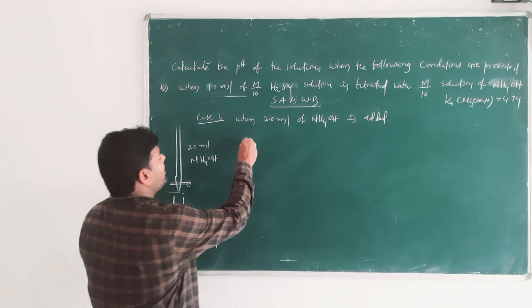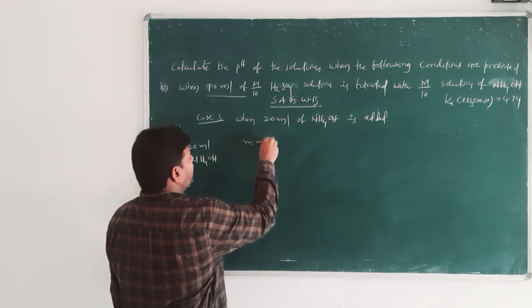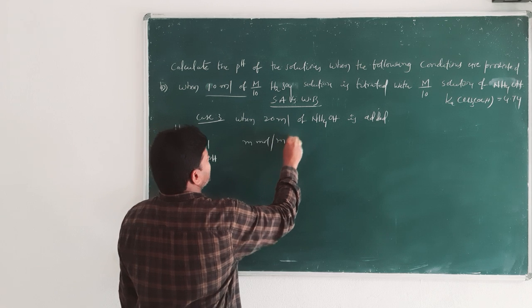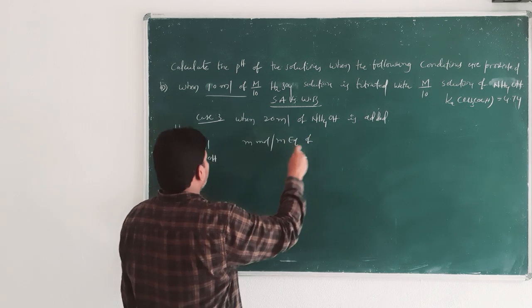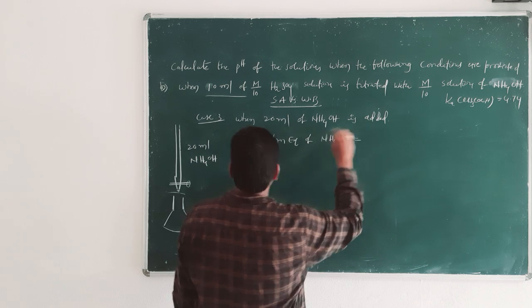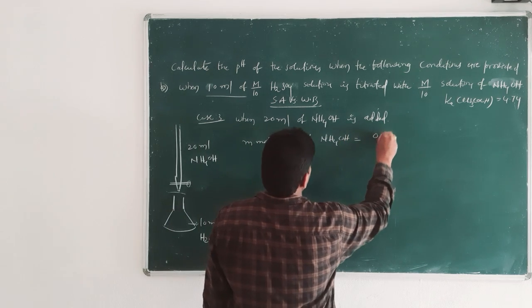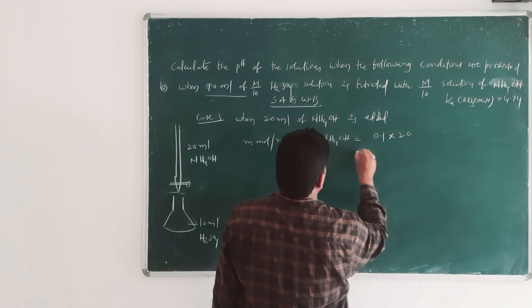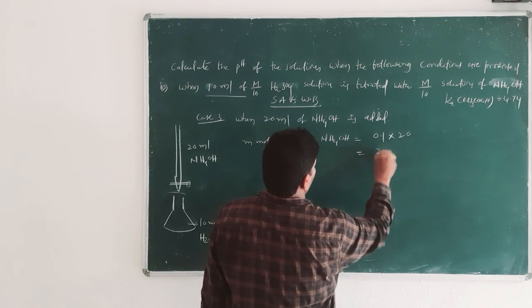Okay. So, the milliequivalents of NH4OH is its molarity times volume in ml, that is 2.